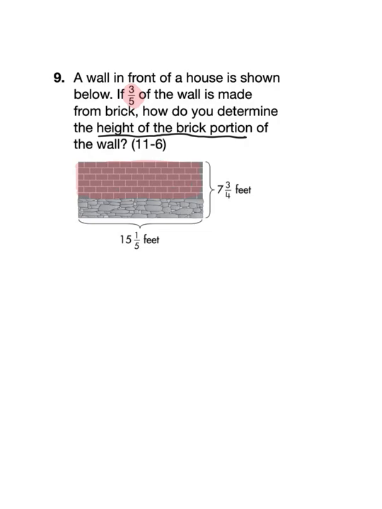So what we're going to try to do is we're going to calculate 3/5 of 7 3/4. Since we're going to calculate a portion or a part of 7 3/4, I'm going to be multiplying. 3/5 times 7 3/4.